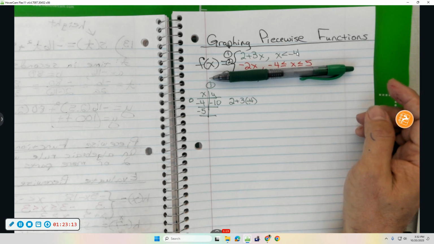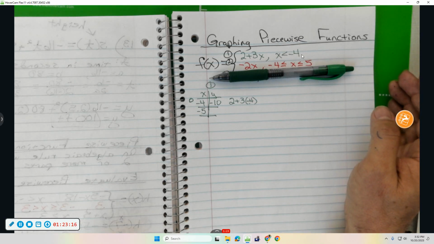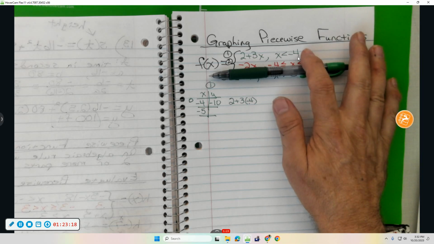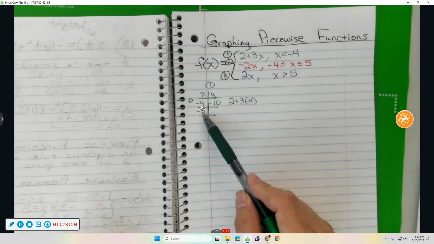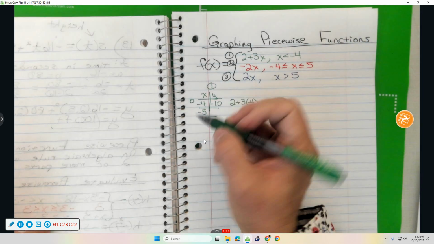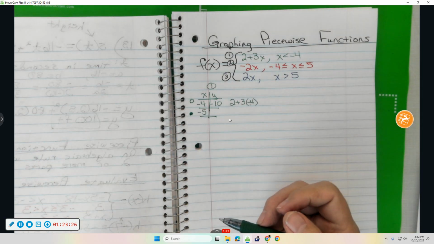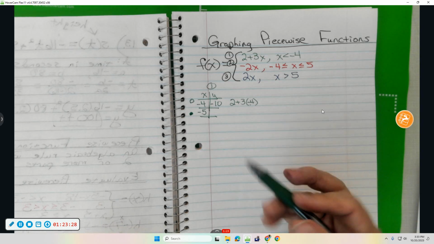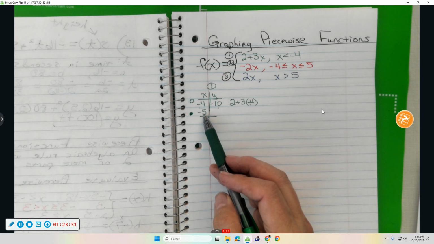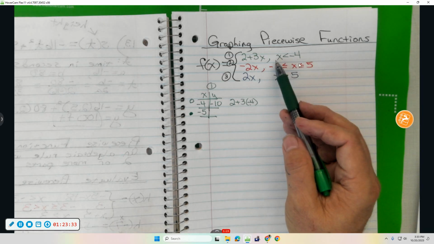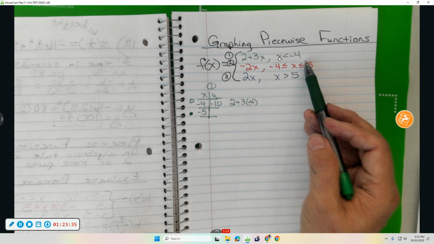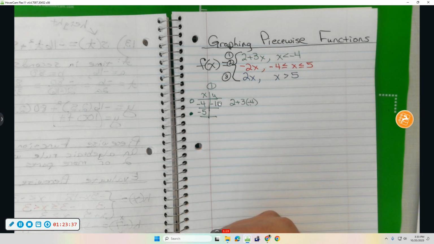On the green piece, there's only one cut point. Where is it? At -4. So this number you choose yourself will always be a regular closed dot. You don't have open circles floating around at all the points you choose. If you're choosing the x value yourself, you're choosing it because it satisfies the inequality, so it's going to have to be a regular closed dot.